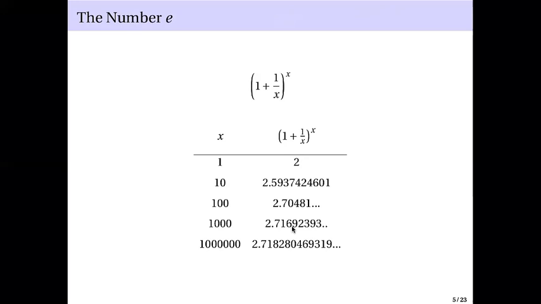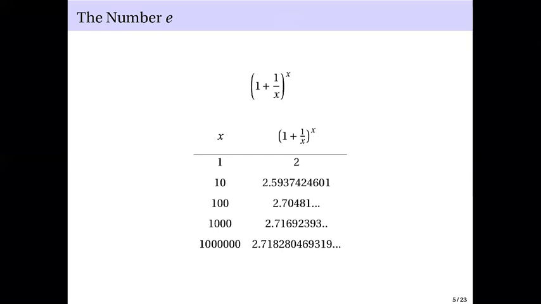And then from this guy to this guy, the difference is now 0.001 or 0.002, etc. But the point is, the difference between this and the next item in your table becomes smaller and smaller.